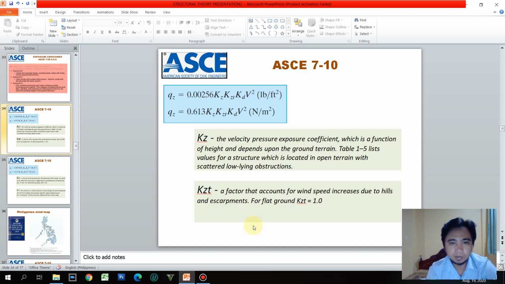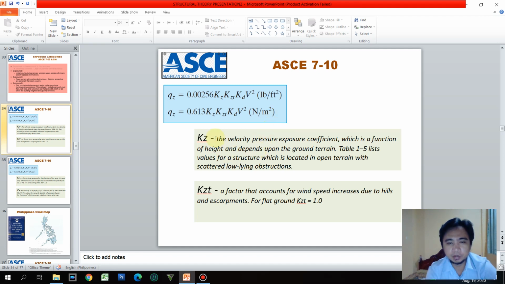So this is the latest criteria, ASCE 7-10. These are the formulas. We have qz equal to 0.00256 multiplied by a series of factors like Kz, Kzt, Kd, and the velocity squared. This one is in English units, and this formula is for SI units.